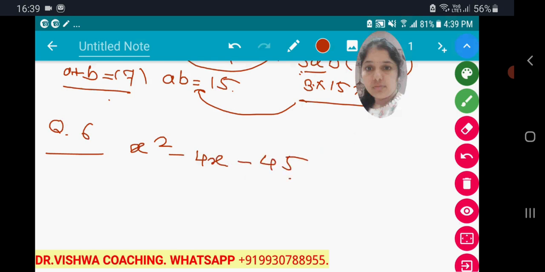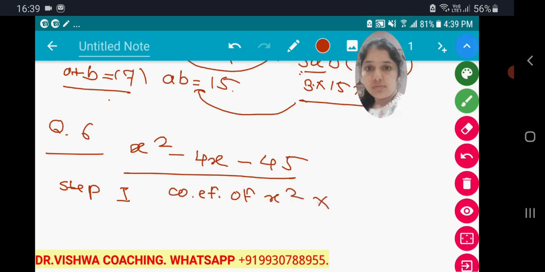Now to factorize this, our step 1 is to multiply the coefficient of x square with the constant. What is the coefficient of x square here? It is 1. If we multiply it with the constant, which is minus 45, we get the value as minus 45.